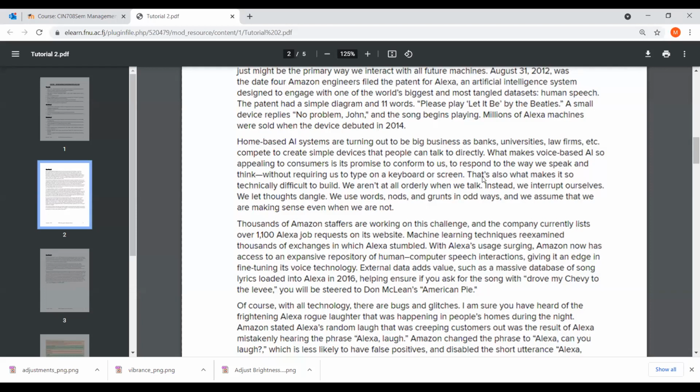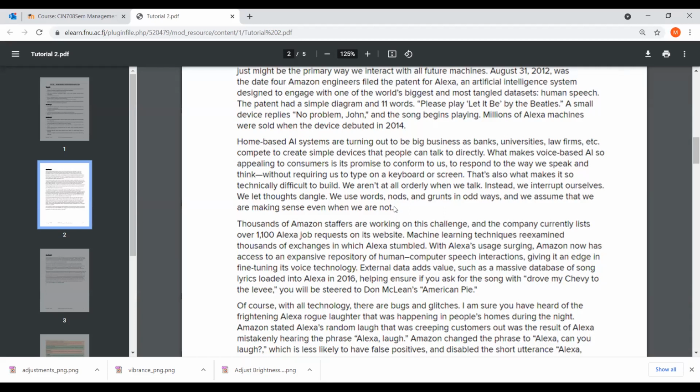Let's continue reading. That's also what makes it so technically difficult to build. We aren't at all orderly when we talk. Instead, we interrupt ourselves. We let thoughts dangle. We use words, nods, and grunts in odd ways, and we assume that we are making sense, even when we are not. Very true. It's so difficult to make artificial intelligence systems whereby machines are able to recognize human speech.